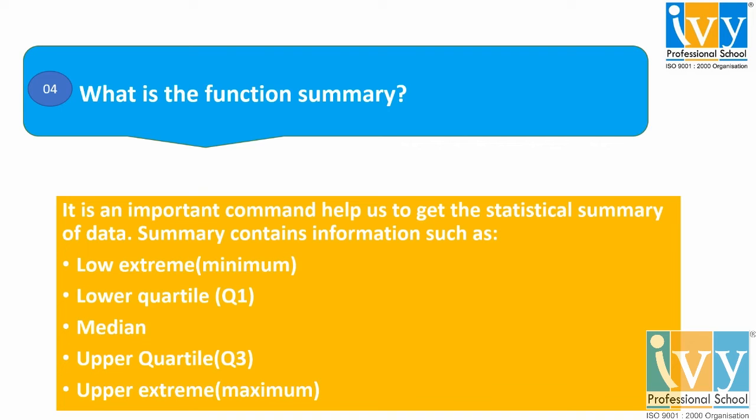In other words, summary is a generic function used to produce result summaries of the results of various model fitting functions. The function invokes a particular method which depends on the class of the first argument. This is all about the function summary.